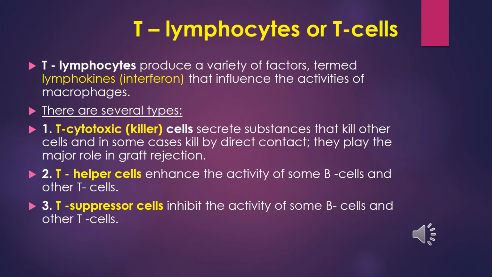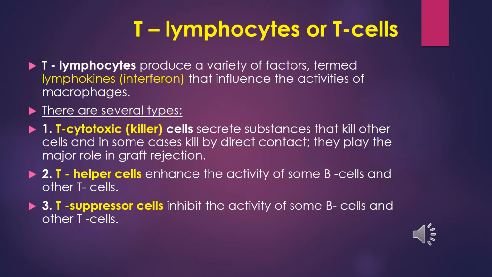T helper cells help to form plasma cells after antigen intervention and form antibodies to the specific antigen.